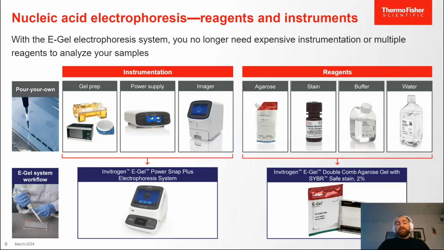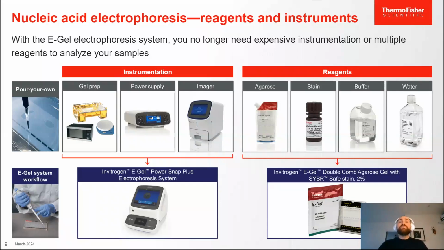Naturally, if you're following a traditional workflow, this will require a lot of instrumentation and a lot of reagents. Taking you through it, the most important ones start with gel preparation. You need a microwave to melt the agarose. Ideally, you would also have a heated magnetic stirrer that you can use, which will cool the agarose but still not let it set.